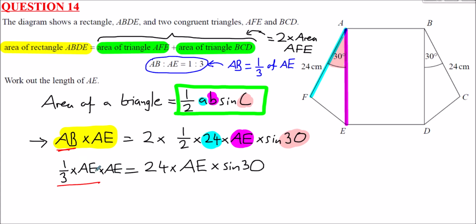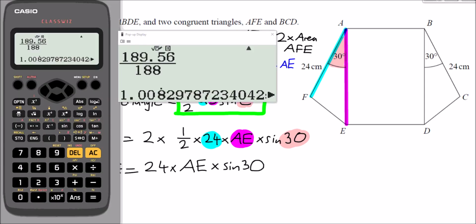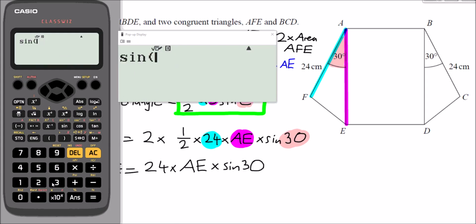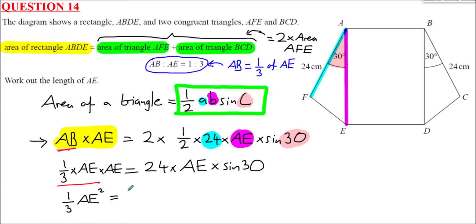Now this can be further neatened up. So 1/3 times AE just means 1/3 of AE squared. Now 24 times sine 30, I could simplify this further as well, because sine 30 just so happens to be one of these exact trig angles, gives us a half. So 24 times a half, that gives us 12 AE.